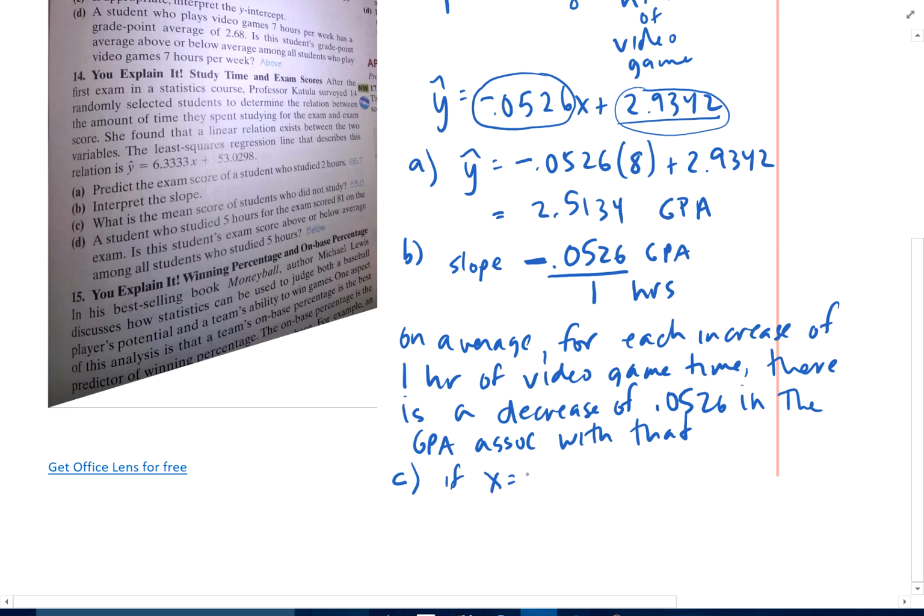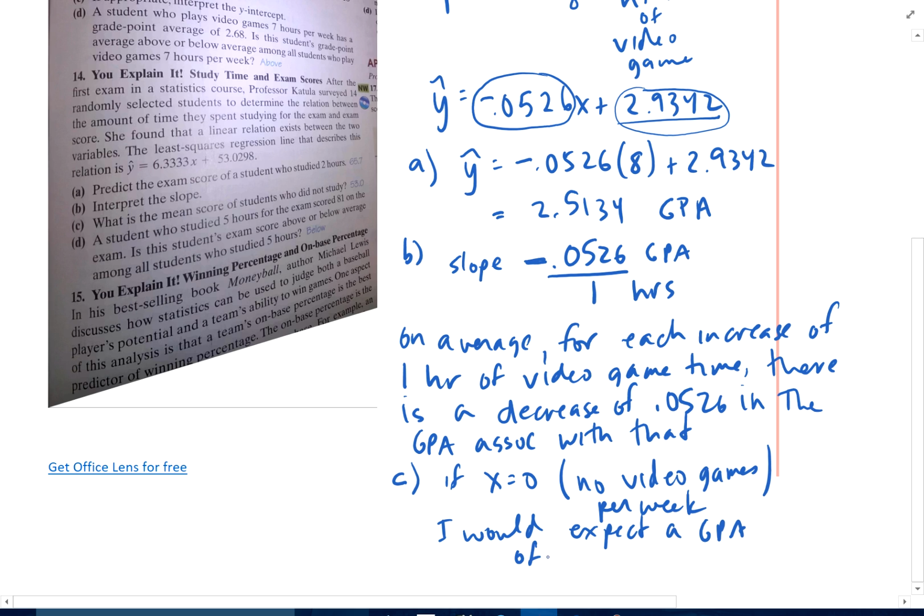If x equals 0, that means no video games per week. I would expect a GPA of 2.9342.